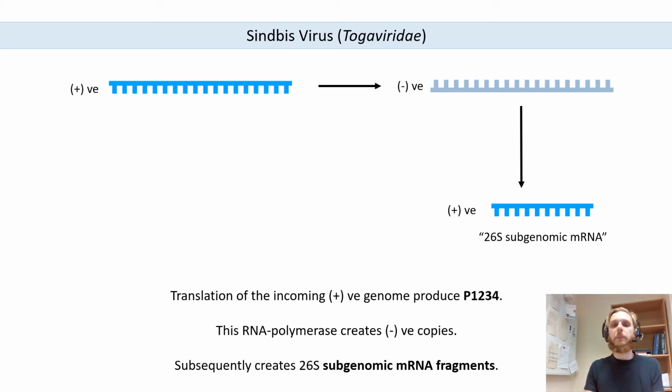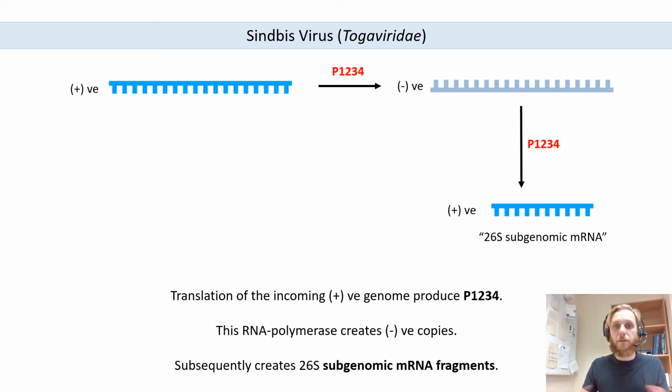So the RNA dependent RNA polymerase that is used by Sindbis virus is called P1234. And again, this protein P1234 is encoded in the viral genome. And as soon as the virus enters into the cell, the positive sense single-stranded RNA genome of the virus is translated into protein.